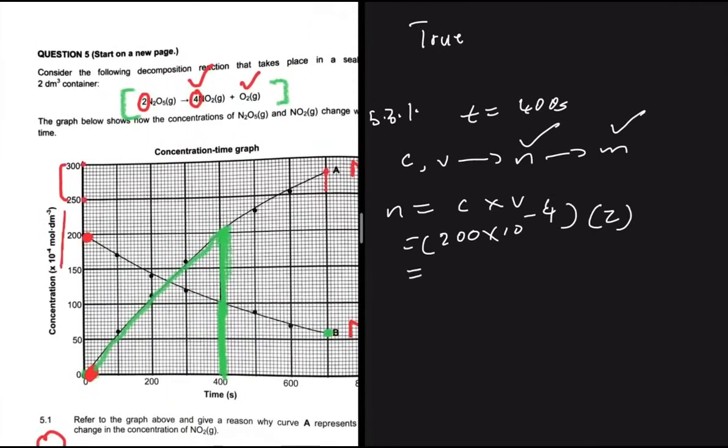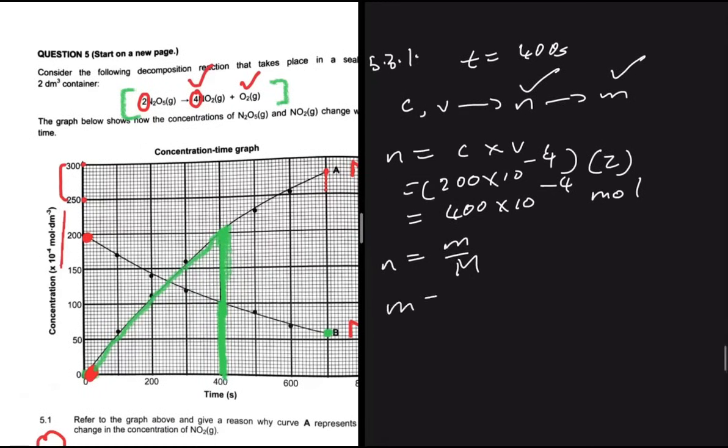So we're going to get 400 times 10 to the minus 4 being our number of moles. Now that we have the number of moles, we can go ahead and find the mass, right? We know that the number of moles is equal to the mass divided by the molar mass. So the mass will be the number of moles multiplied by the molar mass, I meant.